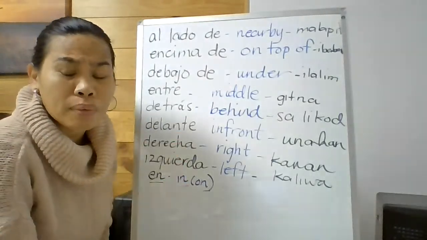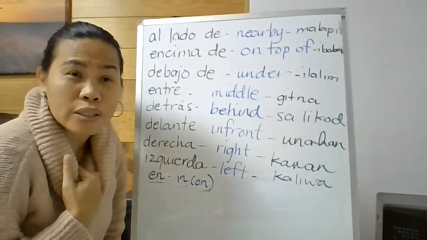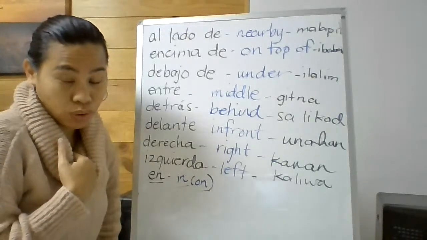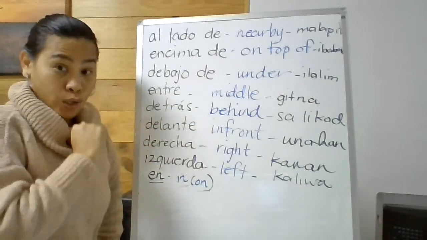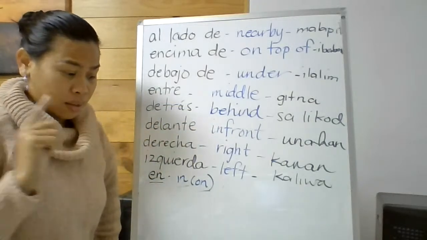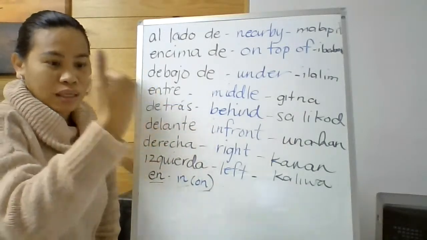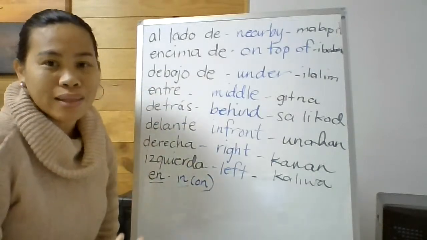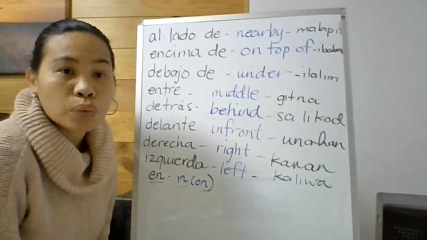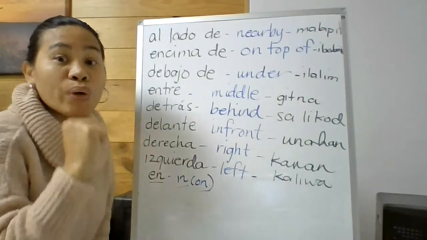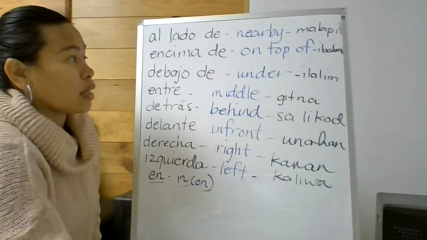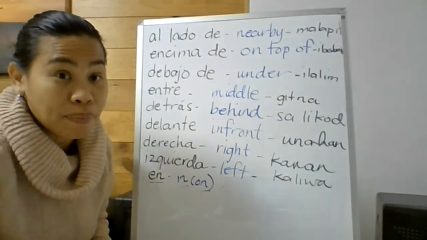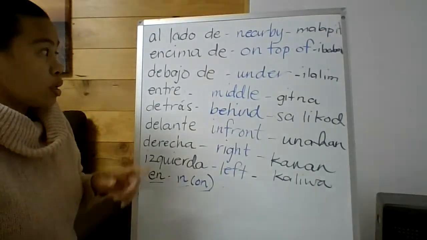And then normally they will use that also here in Spain, like entre tú y yo. Entre tú, the second person, y yo. It's all about entre tú y yo. También, they use that also. Entre tú y yo. It's between you and me. They can use that in a simple conversation.